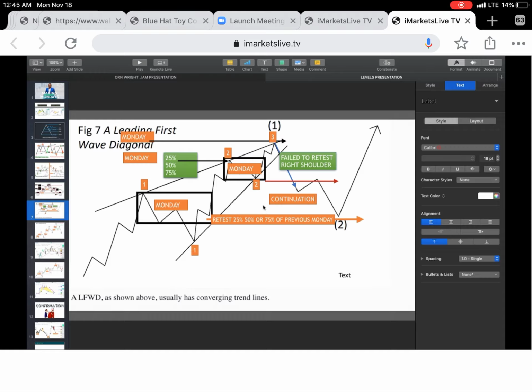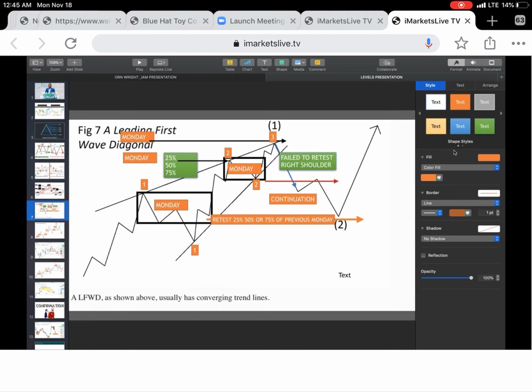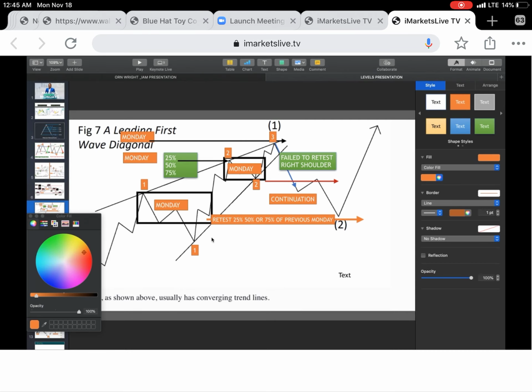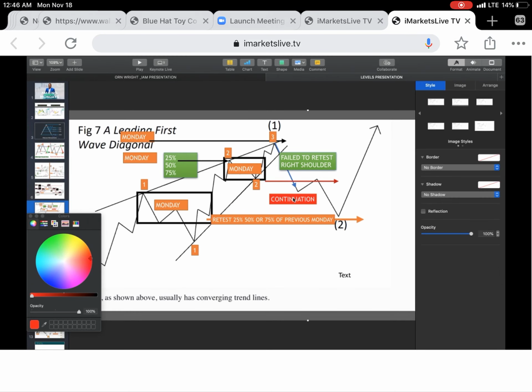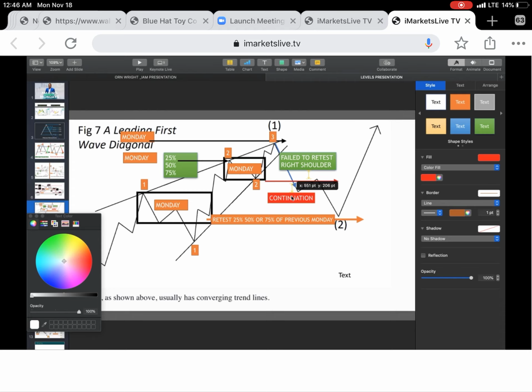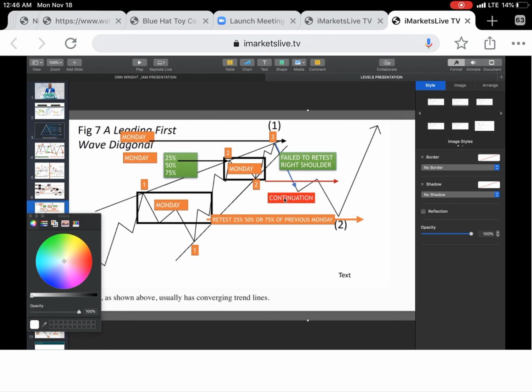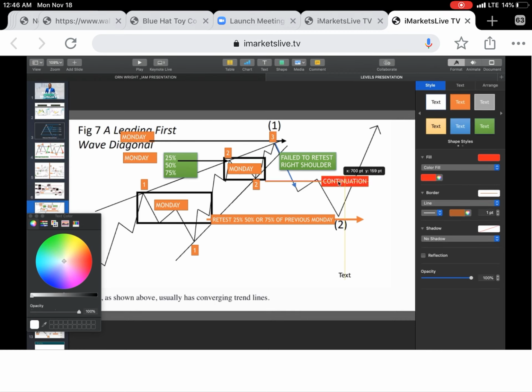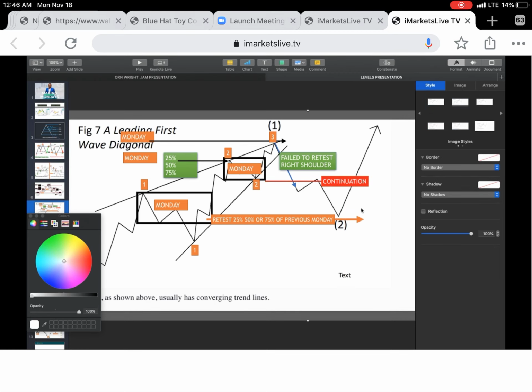All right, right here, we got a continuation. The market gave us our continuation sell. They failed to come back up to the zone, and that was a continuation sell right there.